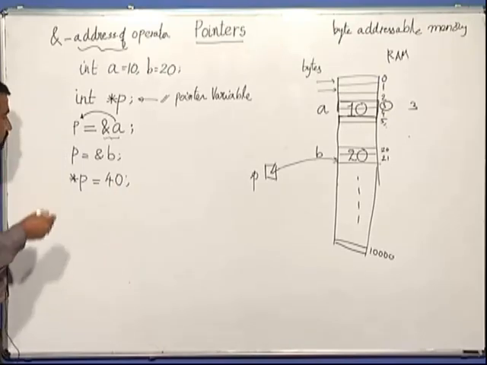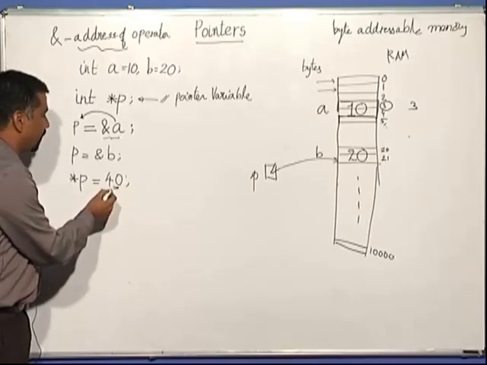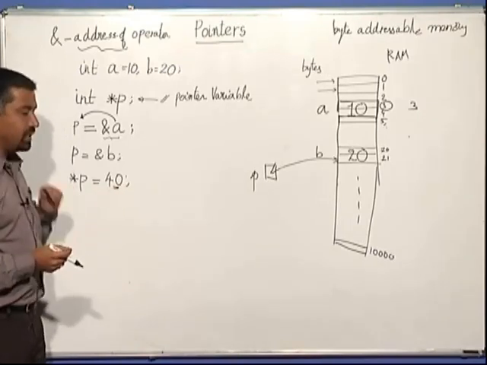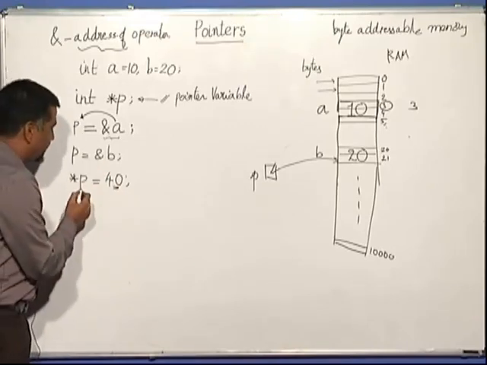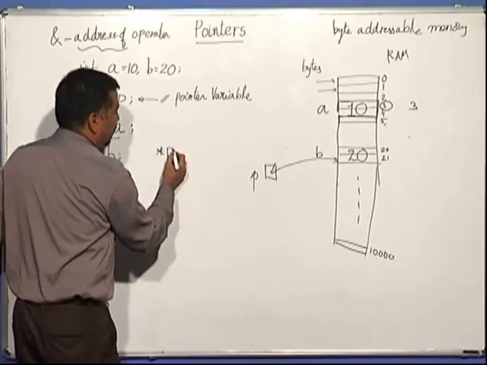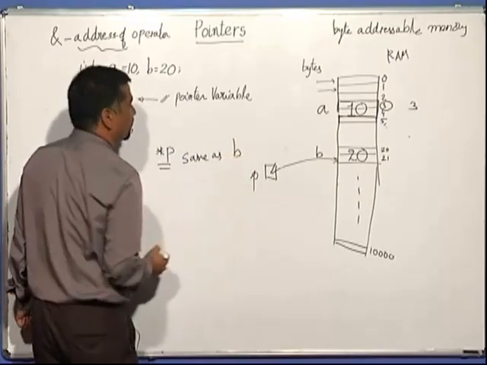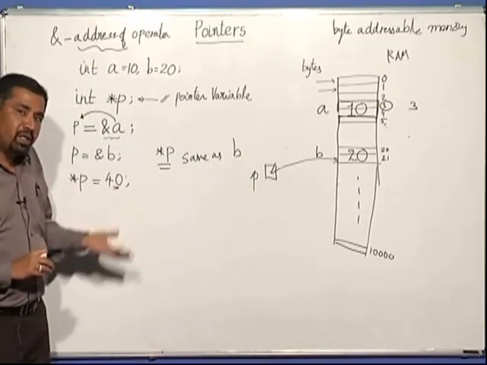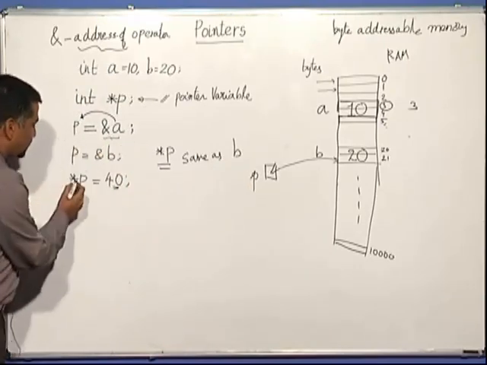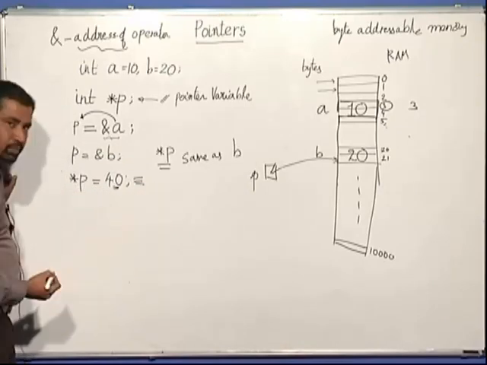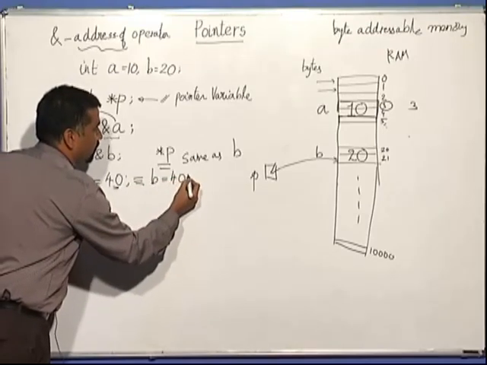This statement here will simply put the value 40 into B, because when P is pointing to B, star P is the same as B. So wherever we use B, now we can use star P, because now P is pointing to B. That is, this is equivalent to writing the statement as B is equal to 40.